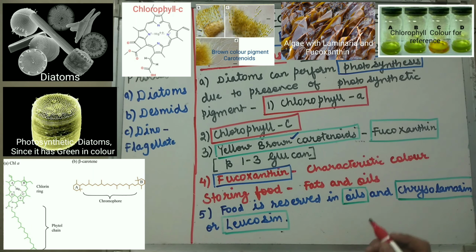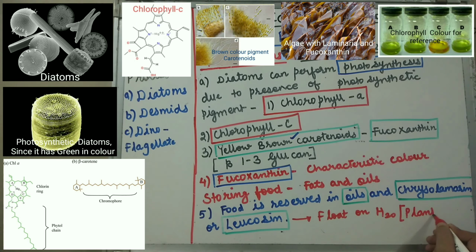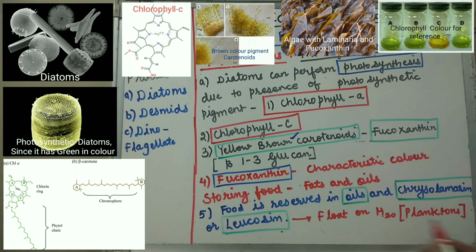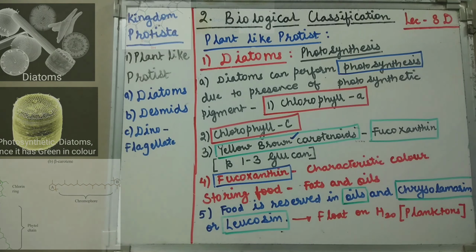So because of the presence of oils and chrysolaminarin, they can easily float on water. Therefore they could also be called planktons, since they are passive floaters. Please remember this point as well.